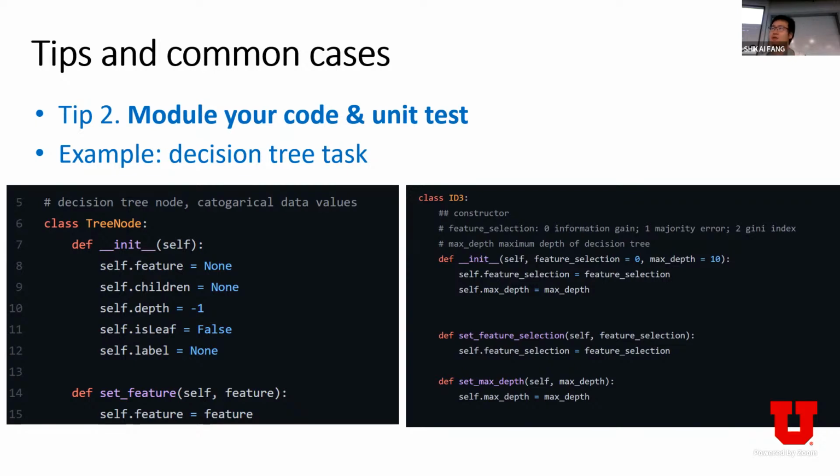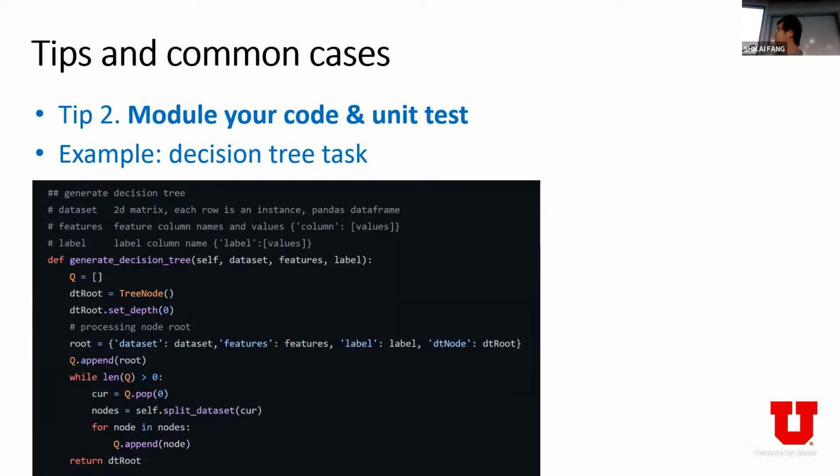And if you find some bug, you can be sure the tree is built correctly, but something went wrong with ID3, the strategy, or the feature selection, and you can just unit test with some simple case or simple synthetic data. So here is the example of modularizing your code, and you can do unit tests to debug it efficiently.